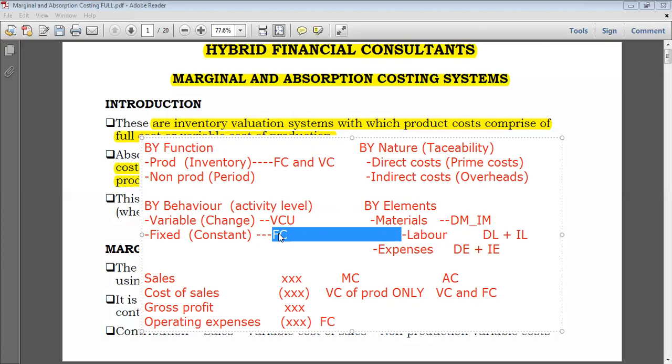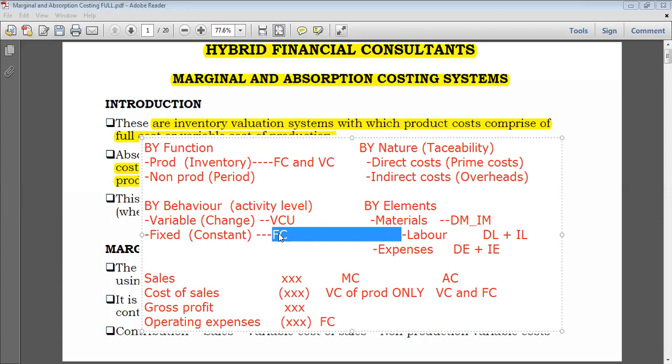Renting a warehouse could cost, let's say, $500 per month. Whether you make a table or not, that's up to you, but you would have to pay that $500 each month. That's why they are fixed. They are there regardless of changes in activity level. I hope you got me.